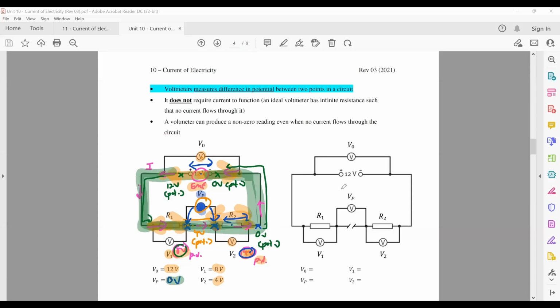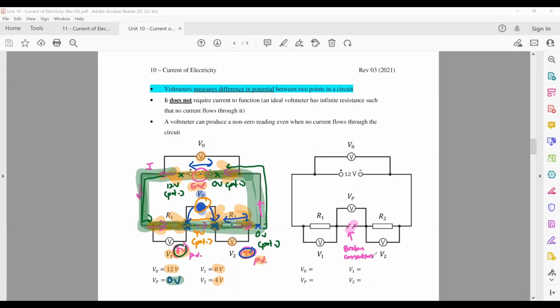Okay. So now what happens if I have that same circuit, but this time I break the circuit apart. This one, the circuit is already broken in the middle. Let's just say that this is your broken connection.